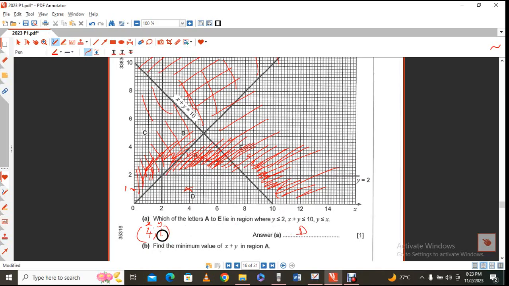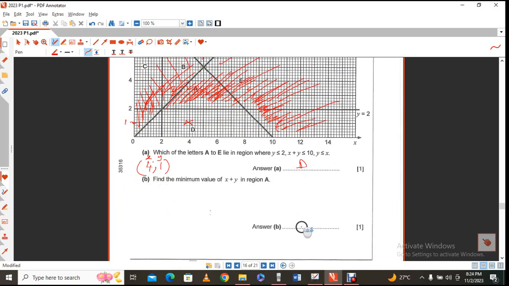Is 1 less than or equal to 2? Let's go here. When you add 4 plus 1, we get an answer that is less than 10. When you put 1 for y, y will be less than x, so 1 is less than or equal to 4. So any of the points where D is, if you plug in the x and y values of those points, you will see that it satisfies all three inequalities.